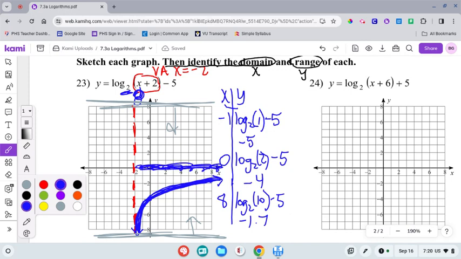It's going to cover up everything to the right of that vertical asymptote. Everything that's bigger than negative 2. From negative 2 to infinity. But let's just say as long as it's greater than negative 2. That can be your domain.